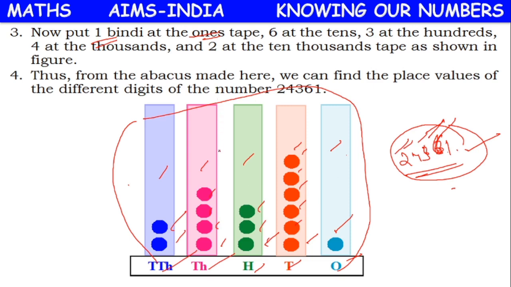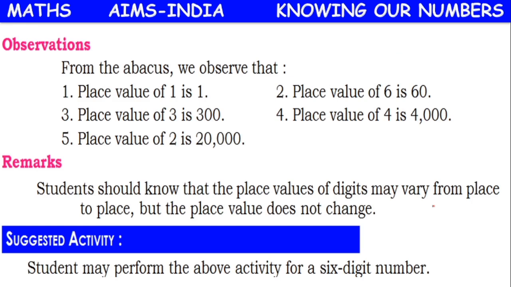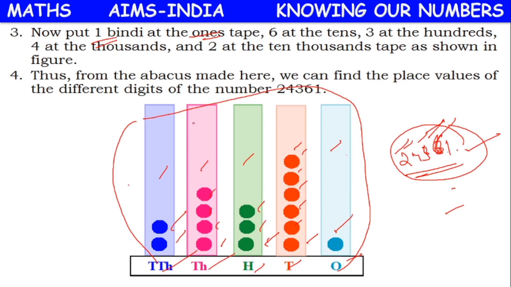So in this way we can represent the 5-digit number on the abacus. We need drawing sheets, colored tapes and sticker bindis. So from the abacus we can observe that place value of 1 is 1, place value of 6 is, we have to multiply 6 into 10, 60.